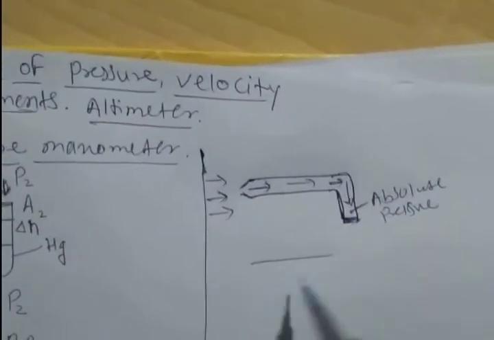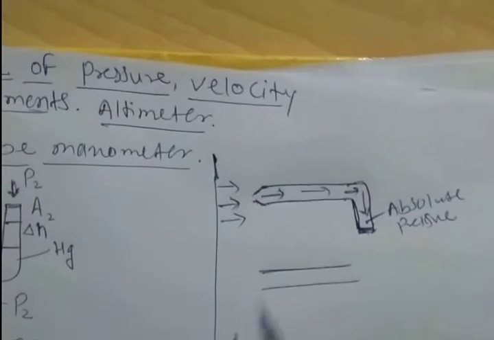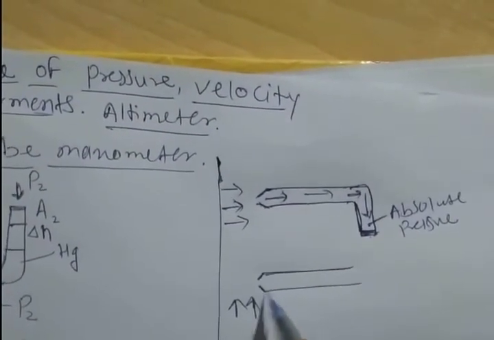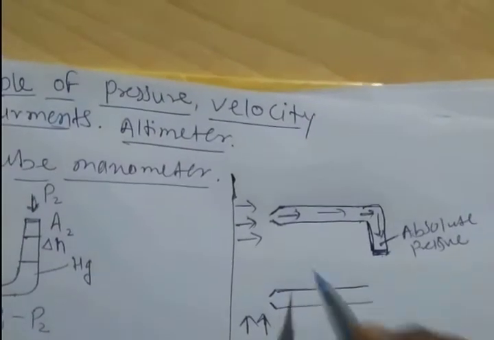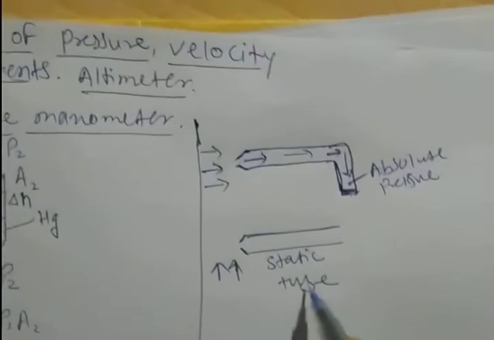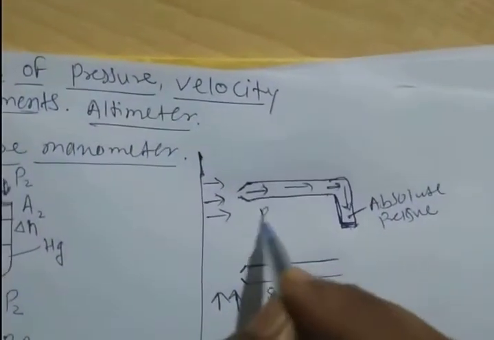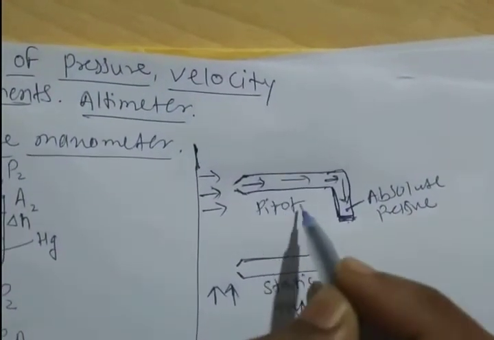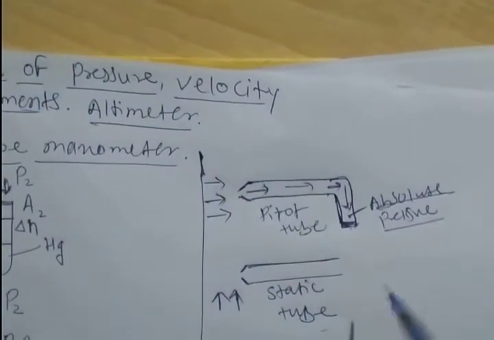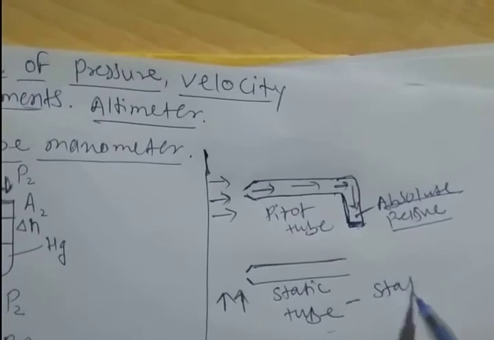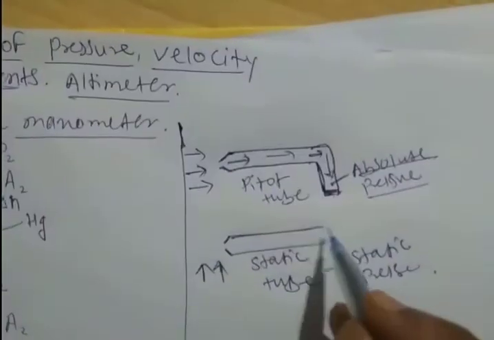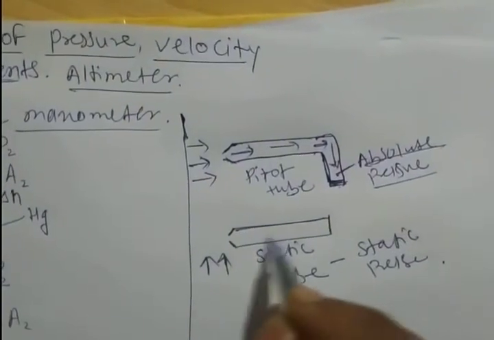And there will be another tube which is perpendicular to the flow, and this is called the static tube. This is the static tube and this is the pitot tube. So the pitot tube measures absolute pressure and the static tube will measure static pressure. So here we can see no flow is entering this tube.